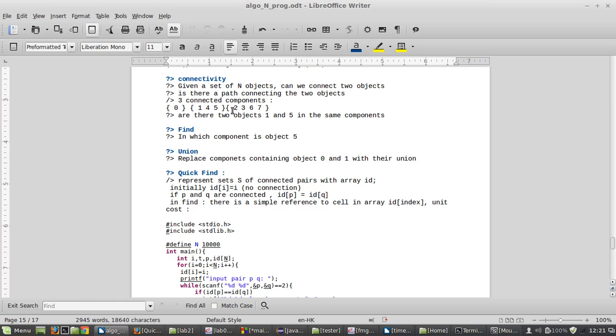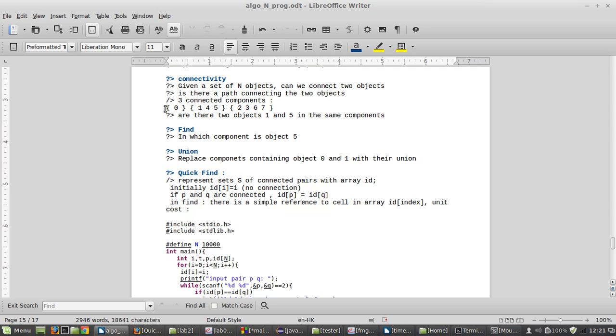Now we have one important concept, connectivity. Connectivity is to find the connection between two or more objects, that is, are those two objects connected or not?